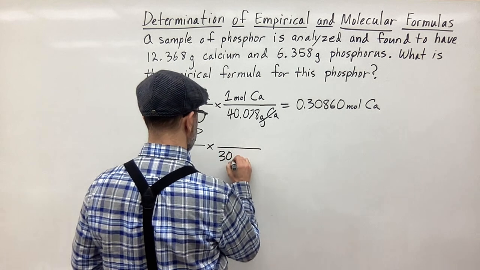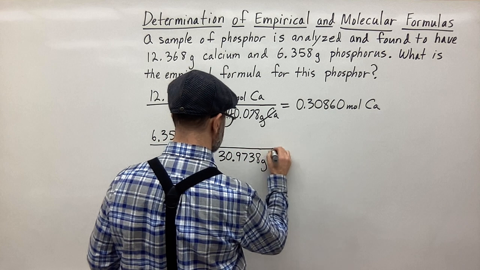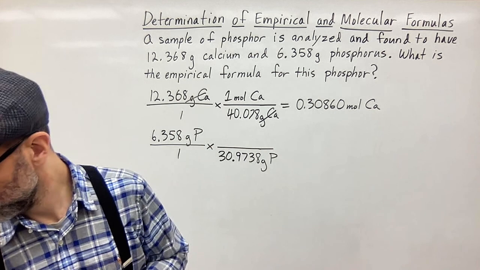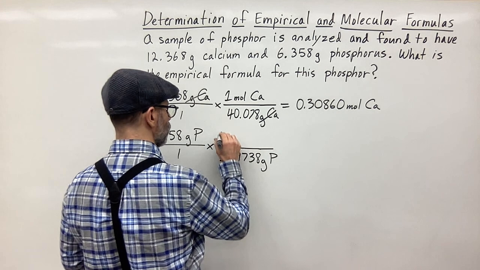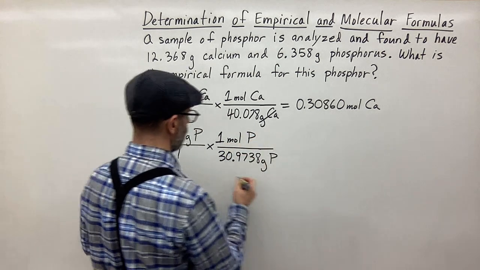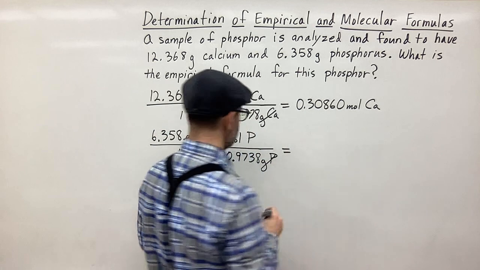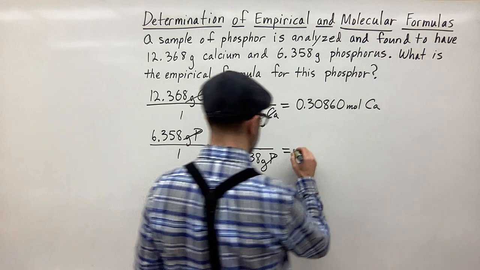So 30.9738 grams of phosphorus. Let me just double check that. 9738, yes. So that goes on the bottom, and 1 mole of phosphorus goes on top. So grams of phosphorus cancel out. And when I calculate this, I get 0.2053.